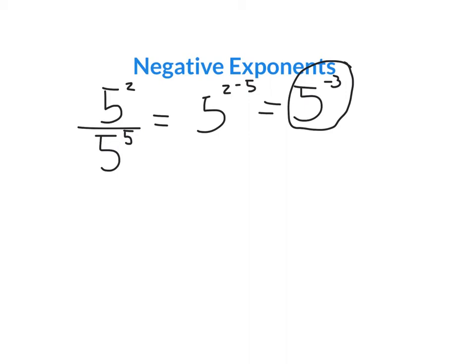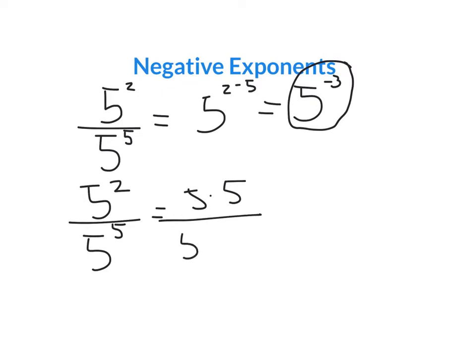But let's write this a different way, in expanded form. So 5 to the second over 5 to the fifth is equal to 5 times 5 over 5 times 5 times 5 times 5 times 5. As we talked about with the quotient rule, a number divided by itself is 1.